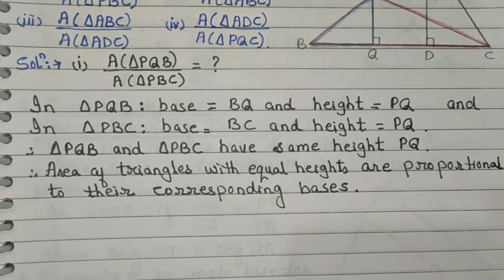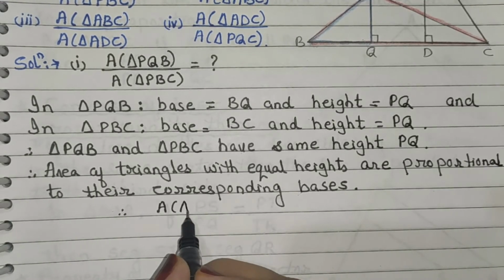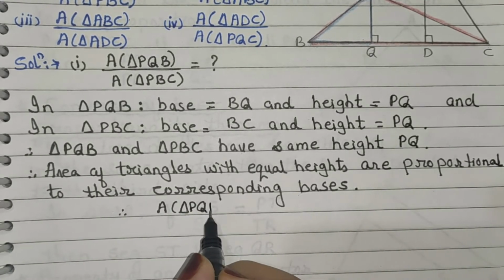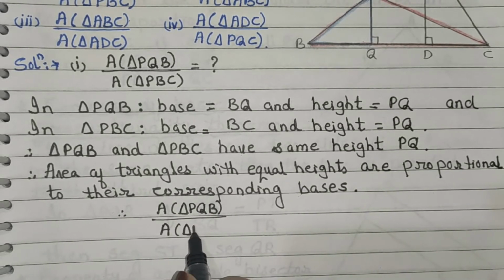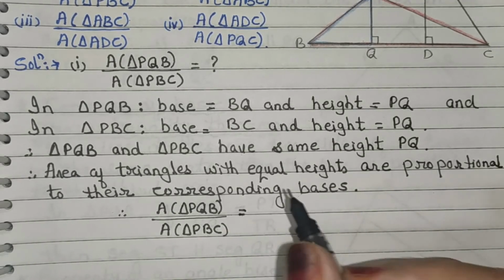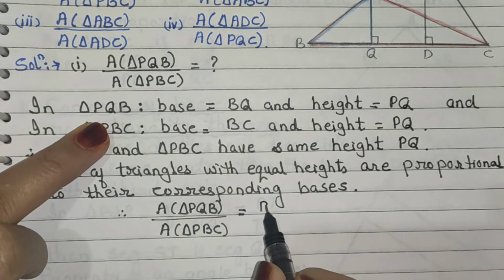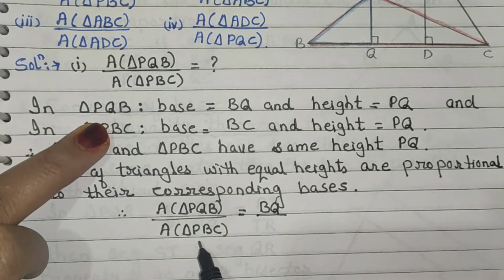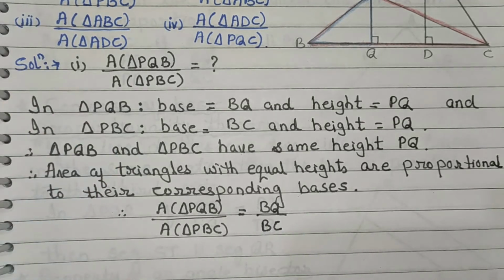Therefore, write down here: area of triangle PQB upon area of triangle PBC is equal to, now base of triangle PQB is BQ, base of triangle PBC is BC. It is the answer of the first one.